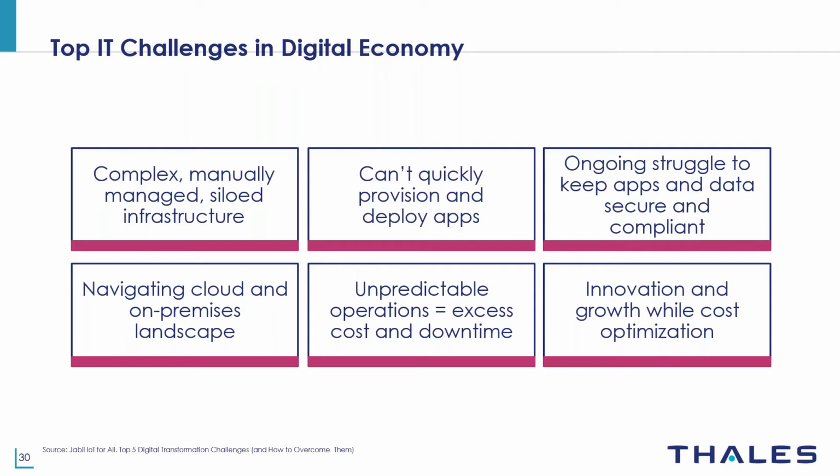So what are the challenges in regards to traditional infrastructure? We see a lot of enterprises working with traditional infrastructure, which is siloed and very complex to manage. Deployment of applications, for instance, can be really time-consuming, and how to keep pace with security and compliancy?